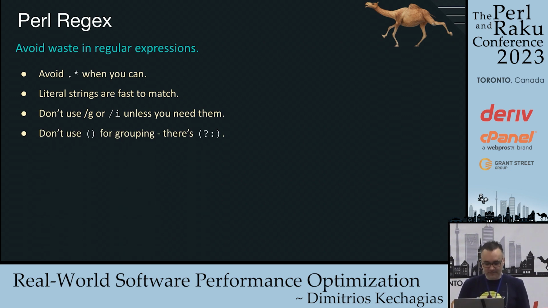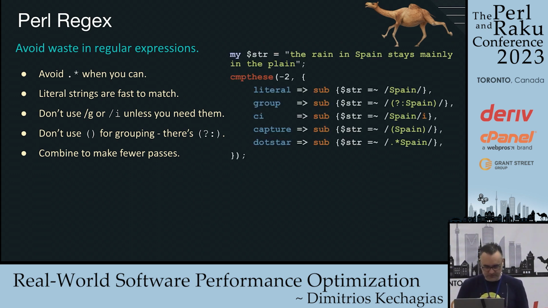Don't use capture parentheses for grouping; there's the actual grouping parenthesis. I know it's longer and uglier, but it's faster. And try to combine to make fewer passes instead of multiple rounds of regex, especially if your search string is very large.